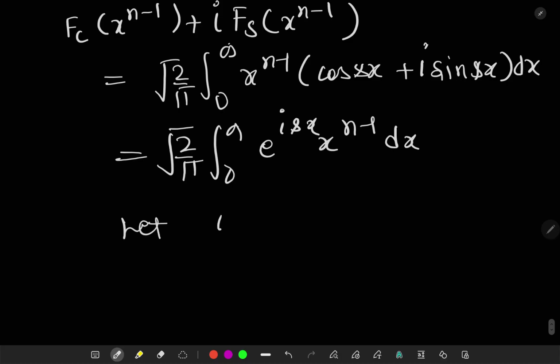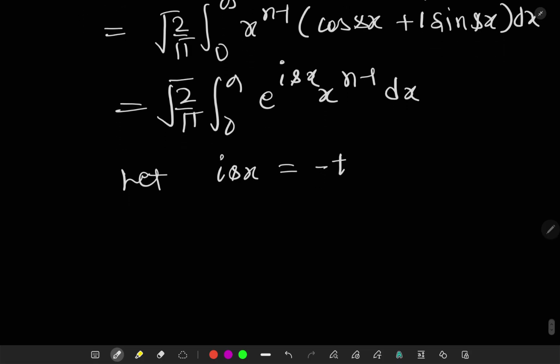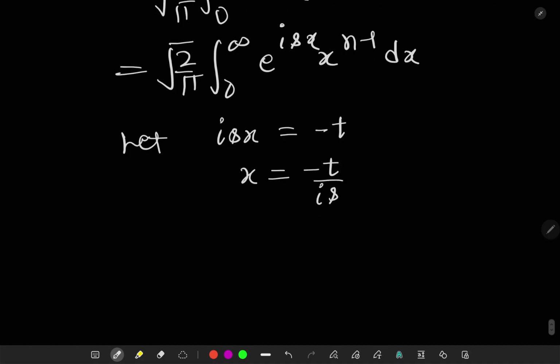Let iota sx equal minus t, and here x equals minus t by iota s, and here iota s dx equals minus dt.